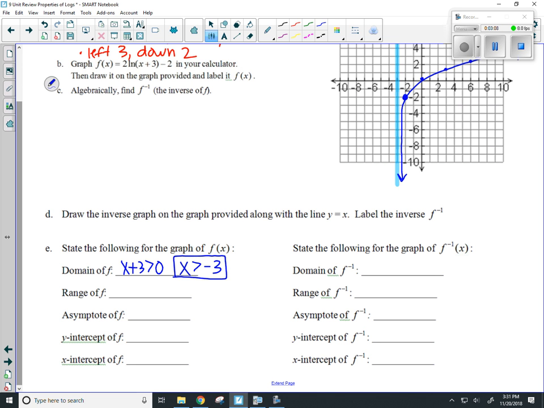Wherever your domain has to be greater than, that's when your vertical asymptote is going to occur, which is, again, what our graph looks like. The range here, it's going to go down forever and it's going to go up forever. So your range, you could say all real numbers, or if you wanted to write it in interval notation, -infinity to infinity.